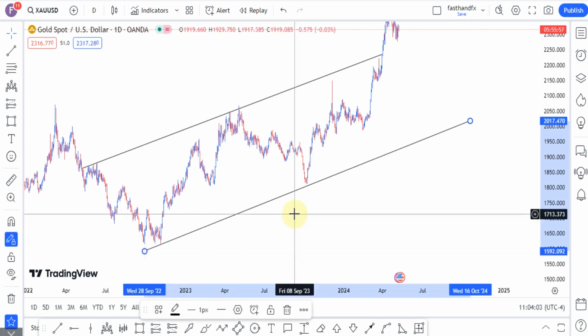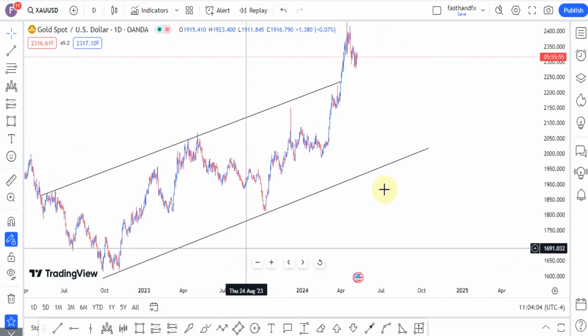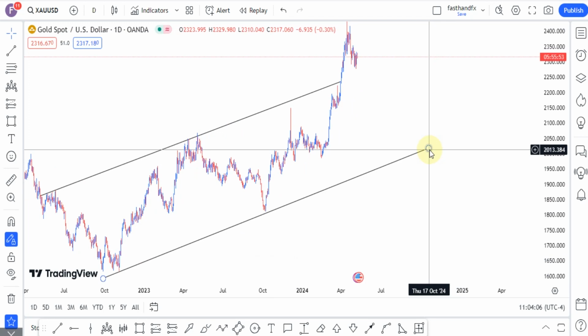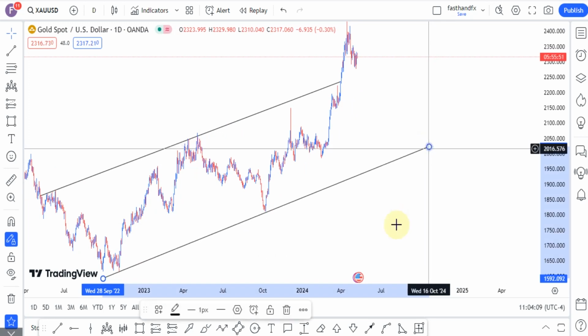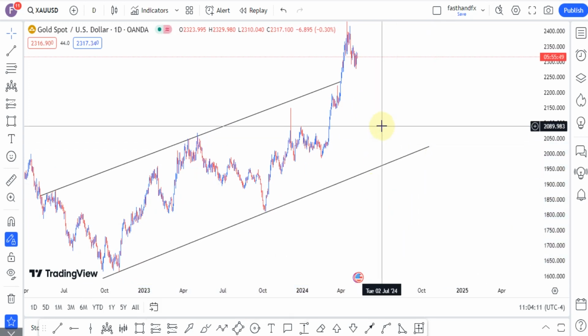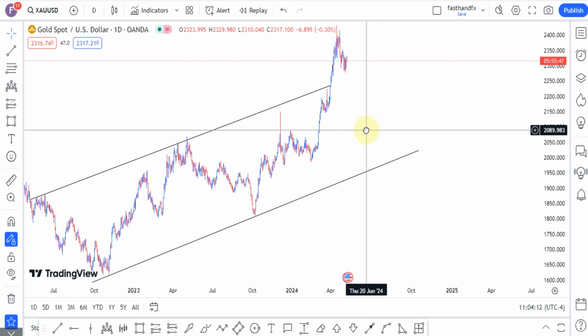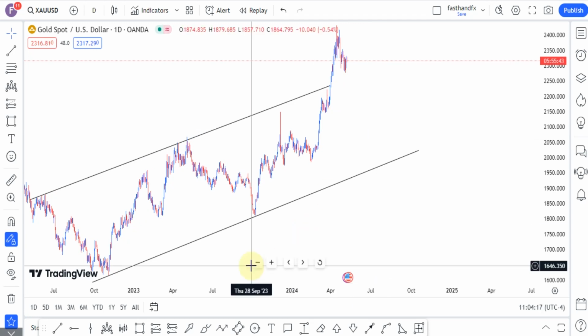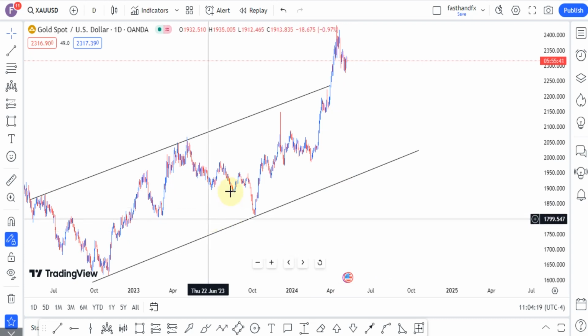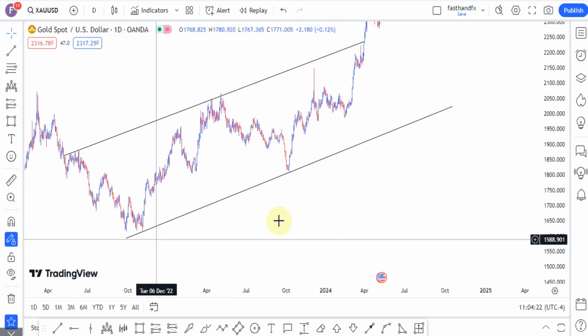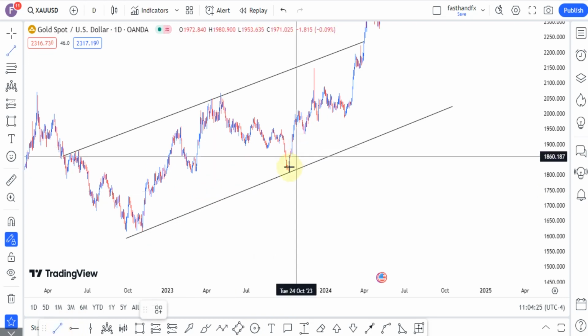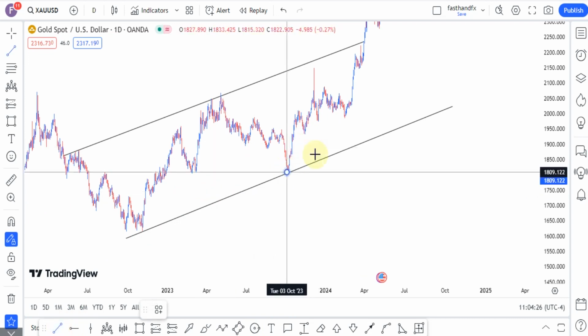So after understanding now the market is giving us these bullish structures, we go down to the lower time frame and try to see what the market is doing there. But before we go down to the lower time frame, we have something we call trends inside trends, guys. So in this uptrend, we still have these small trends like this one.